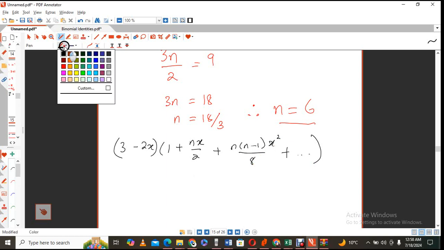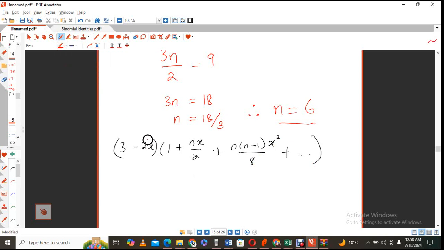So how do I get the coefficient of x squared? It can only happen if you multiply this 3 with that term, and that's all you can do to find the coefficient of x squared. But I'm going to only multiply the numbers.